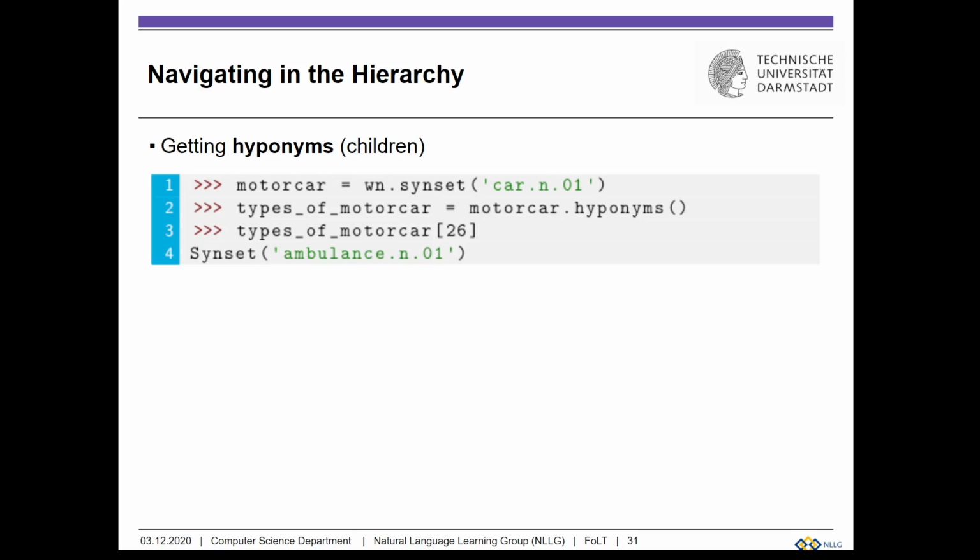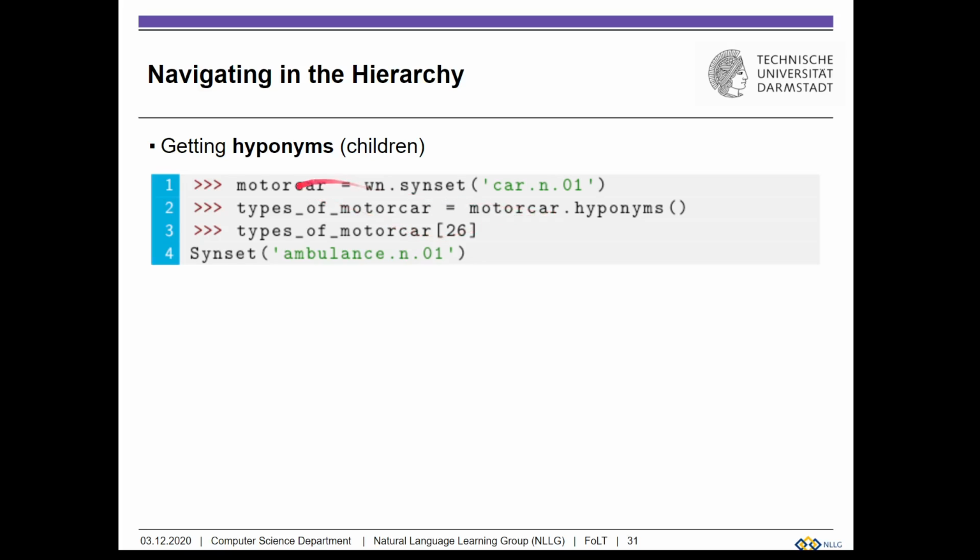How can we now navigate the WordNet hierarchy? For example, we take a particular synset, such as that of car.n.01, and you remember that car.n.01 contained car, motor car, and a few other equivalent expressions.